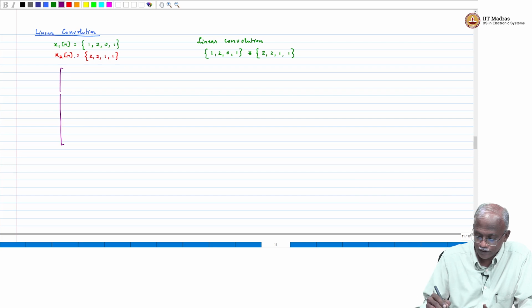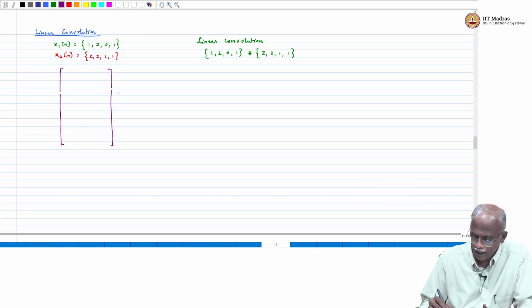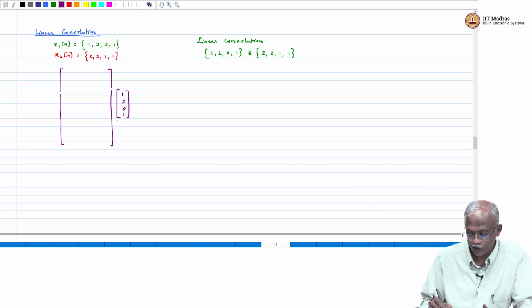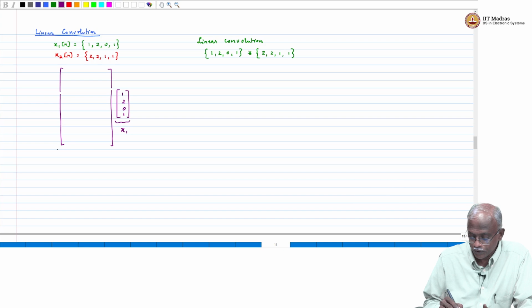So let us say that we have x1, and you're going to time reverse x2. x1 we write down as a vector 1, 2, 0, 1. Now we're going to write down the representation which comes from the convolution.